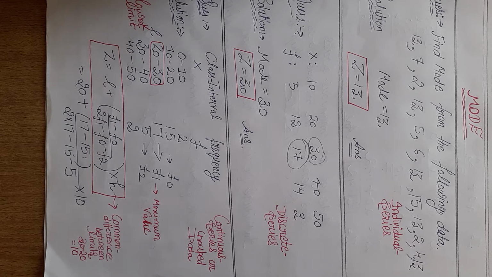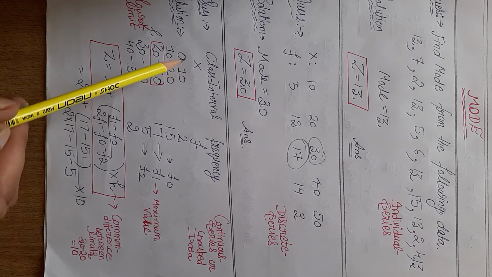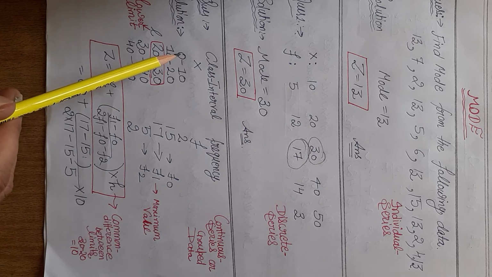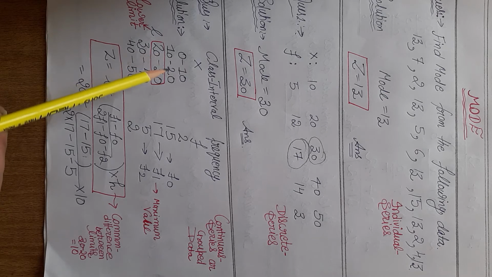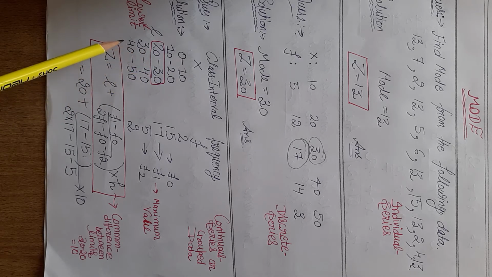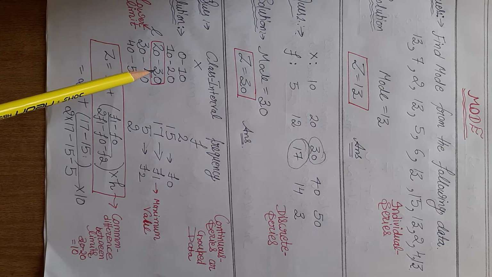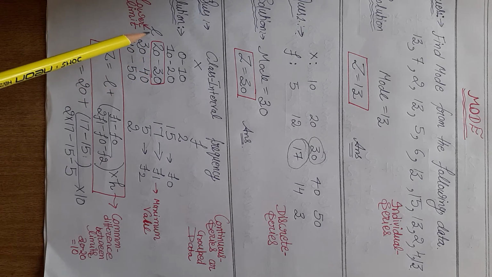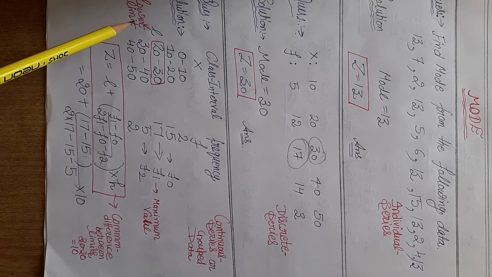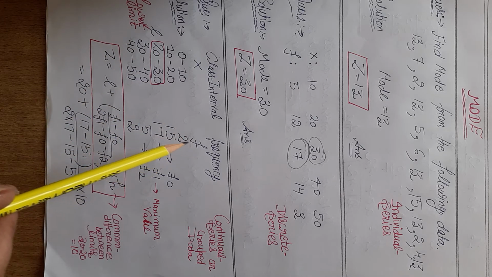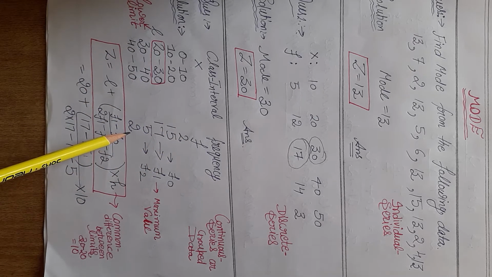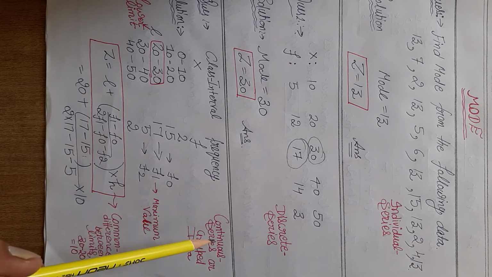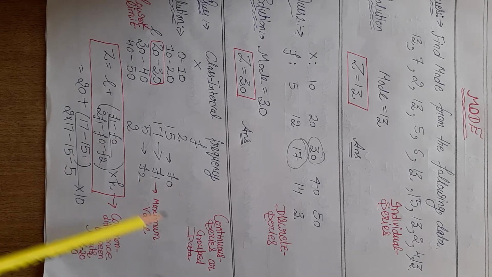In this series we have intervals, class intervals like 0 to 10, 10 to 20, 20 to 30, 30 to 40, 40 to 50. And we have the series of frequency. This is continuous series.